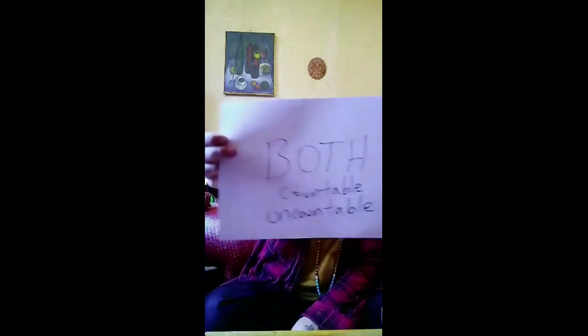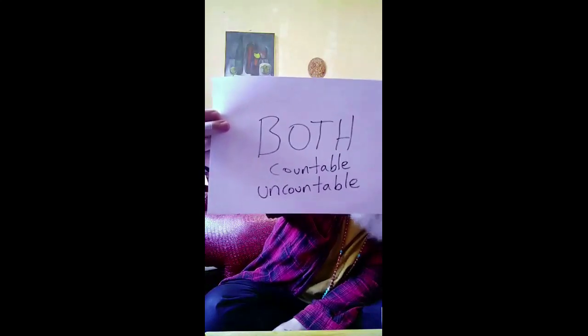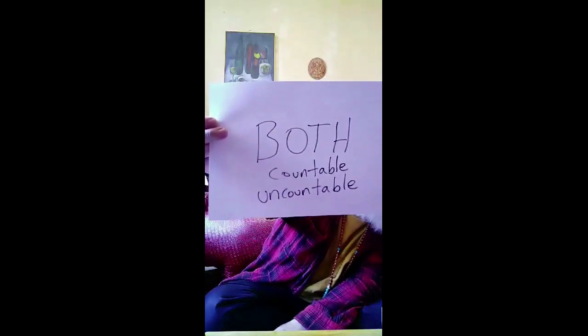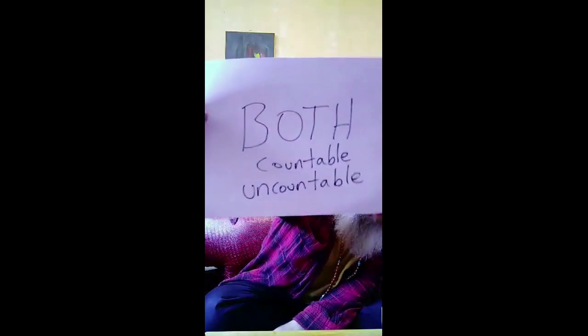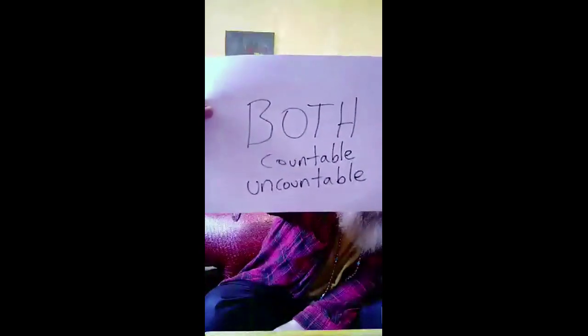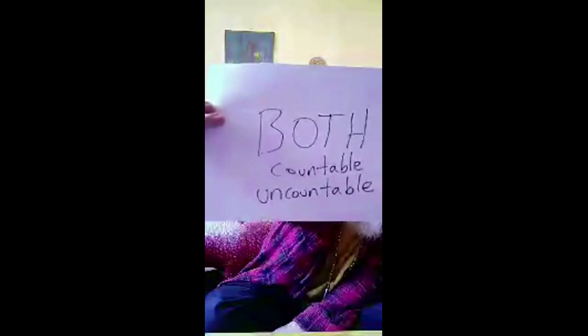Our last type of noun in English is both countable and uncountable. Yes, we've made it a little more difficult. But some nouns in English are both countable and uncountable. All right, how is that possible? Or what nouns are both countable and uncountable? Maybe someone knows. Maybe someone can put in the comments how a noun can be both countable and uncountable.